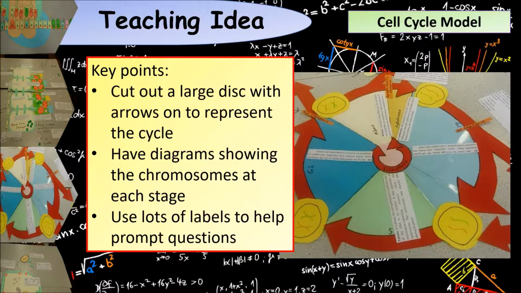After you've done that, you can make lots of little pieces that represent different things that are happening. So at each stage, you might want to produce different cells that show the state of the chromosomes at each particular stage.